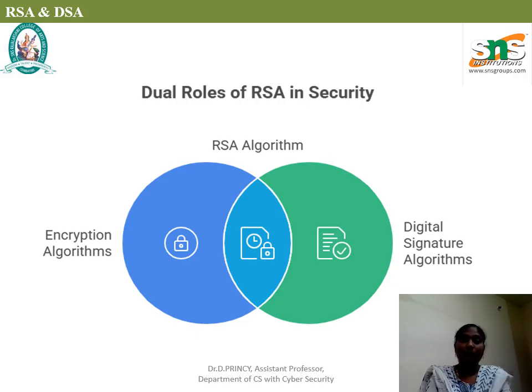First, we have to see about RSA. The RSA algorithm is a public key cryptographic mechanism used to generate the digital signature. Mainly, it is used as an encryption algorithm, and also it is used as a digital signature algorithm.